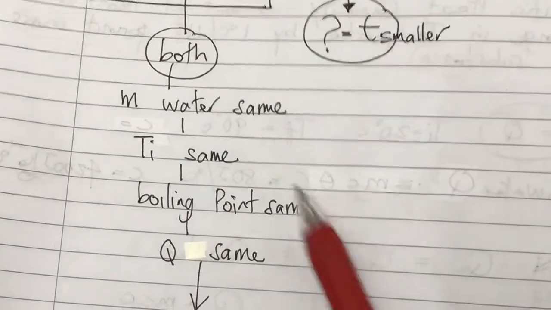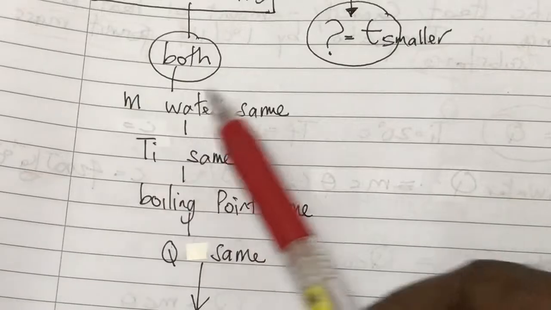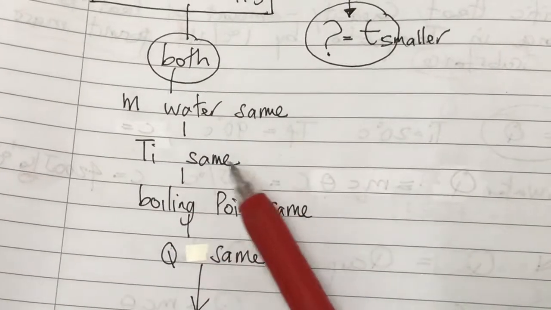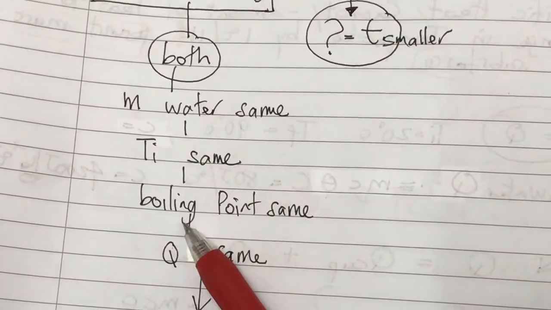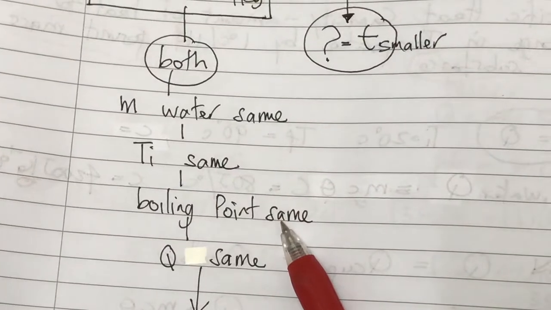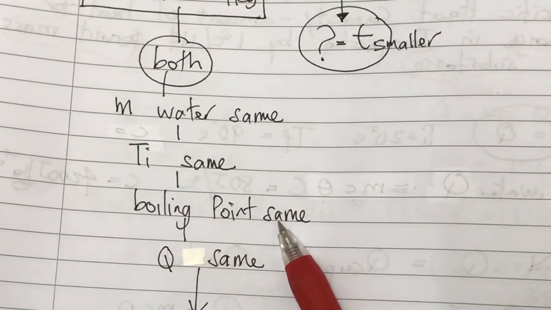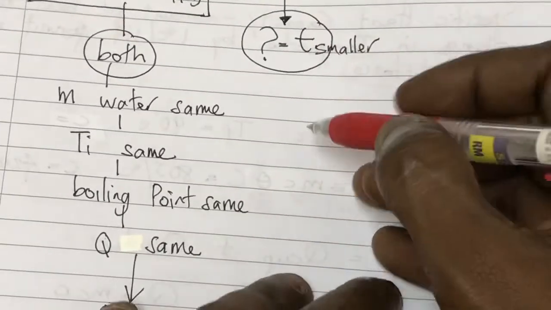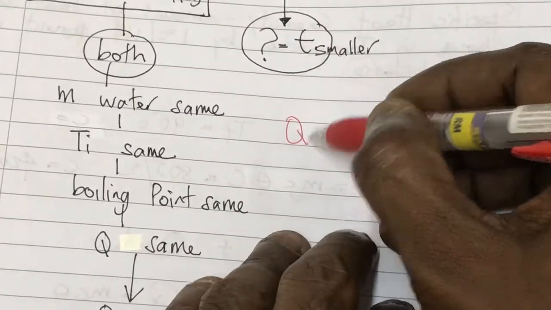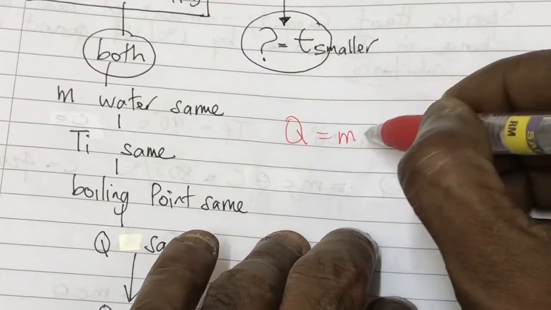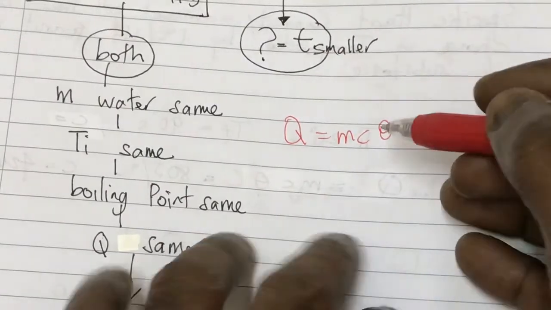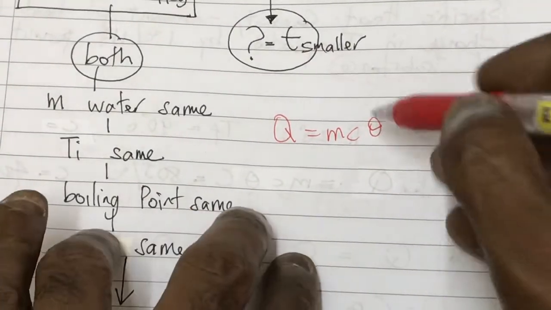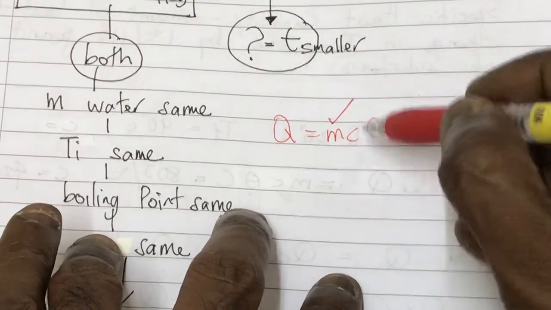So since they are using the same mass, same initial temperature, both will have the same boiling point, which is 100. If you look at this formula, Q equals MC theta. For both Omar and Nazri, they are using the same mass of water.